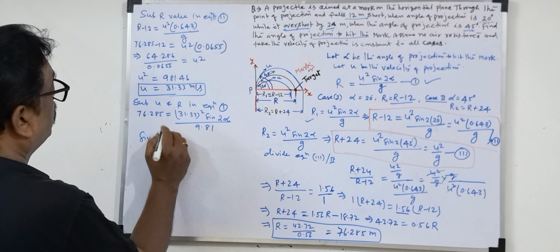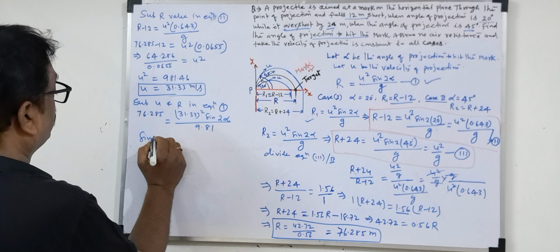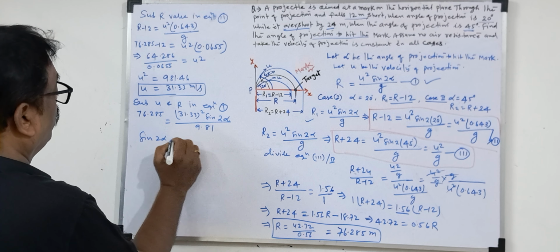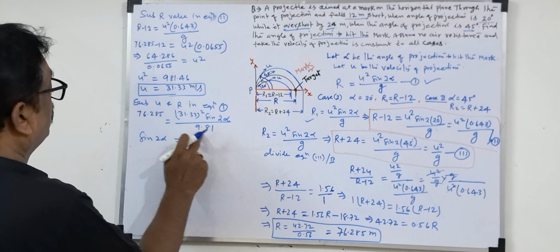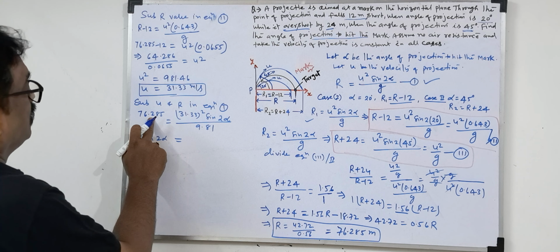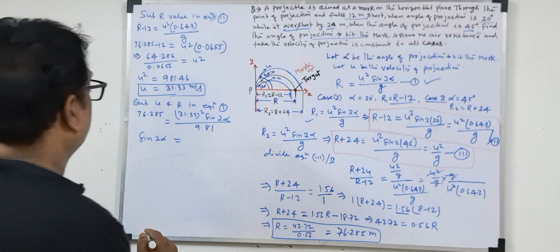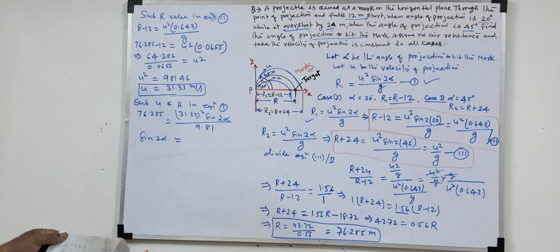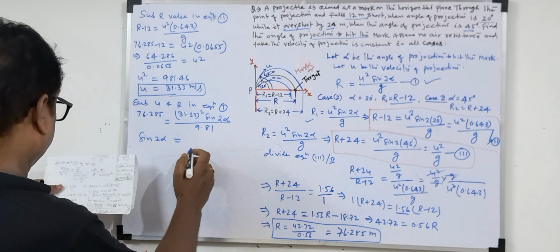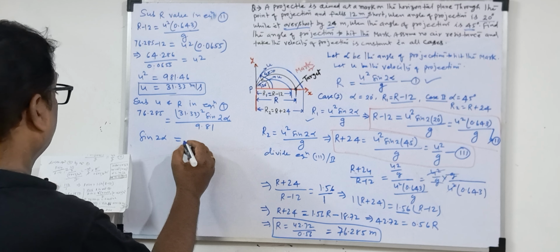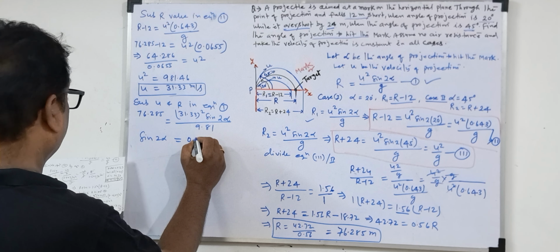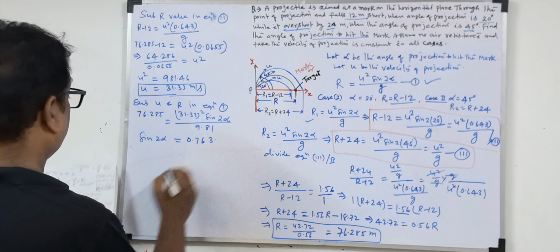So you will get sine 2 alpha equal to, if you solve this by cross multiplication and dividing by 31.33 square, sine 2 alpha will come 0.763.